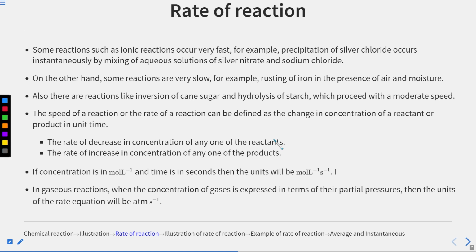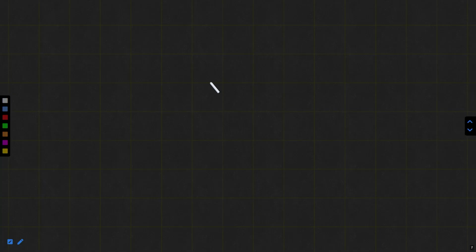The sodium will form nitrate and the silver will form chloride. Since silver chloride is only partially soluble in water, it will quickly precipitate in the solution. Since it's an ionic reaction, it occurs very fast, and it is a kind of double displacement reaction.